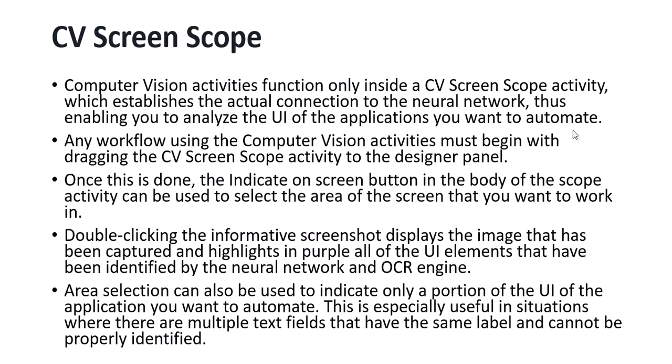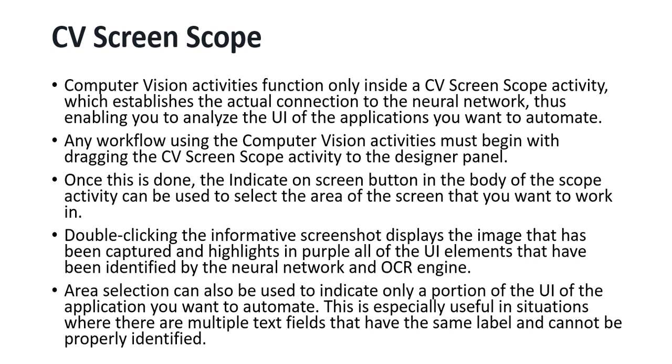When you drag and drop CV Screen Scope, it tells the UiPath framework to establish a connection to the UiPath in-house neural network, so that it will invoke that neural network model and OCR and detect all the elements available on the screen. Those captured elements will then be used in further automation using computer vision.